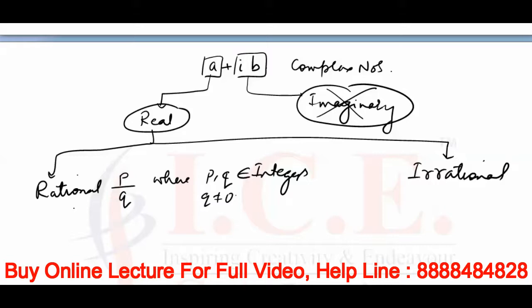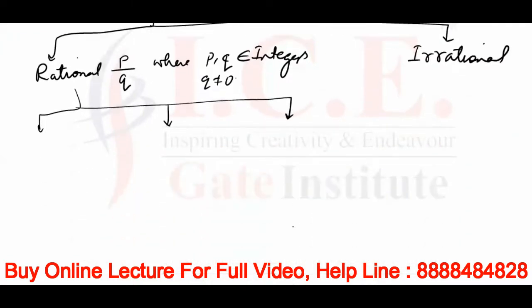Rational numbers can further be classified into three ways. First, integers. Second, fractions. And third, decimals.